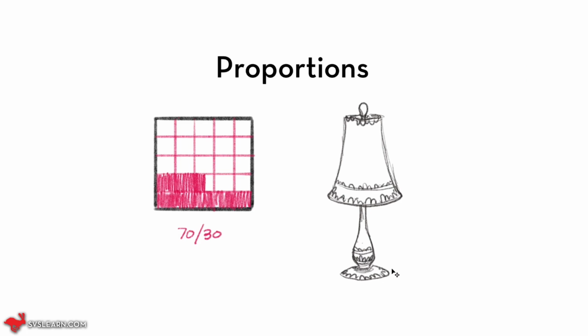I'll get into contrast of shape a little bit later, but this is just another example of if I were to design a lamp, I would have the decoration of it favor either 70% decorated and 30% blank, or 30% decorated and 70% blank.